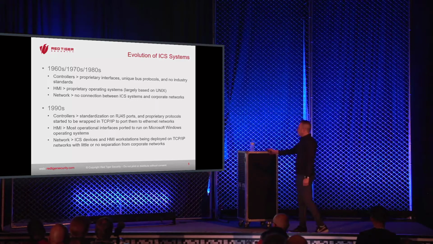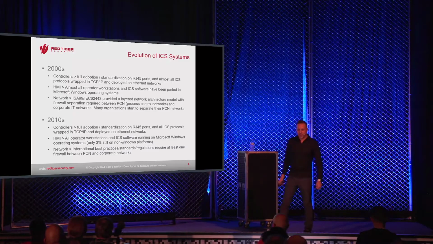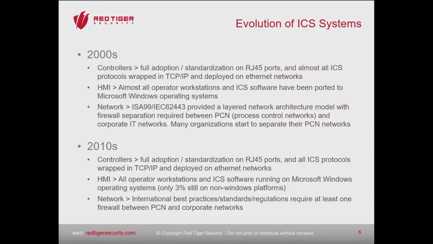We also started to see HMIs and PLCs deployed on Ethernet, and at that time, since there was no standard about separation, guess what network those things got deployed on? Corporate networks, right?